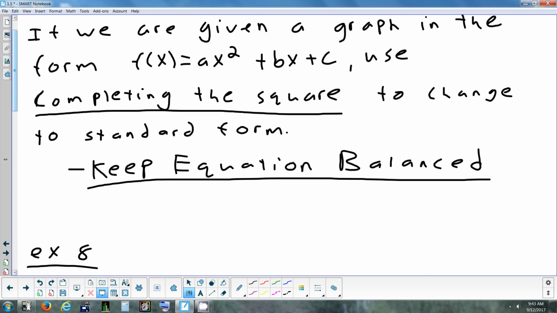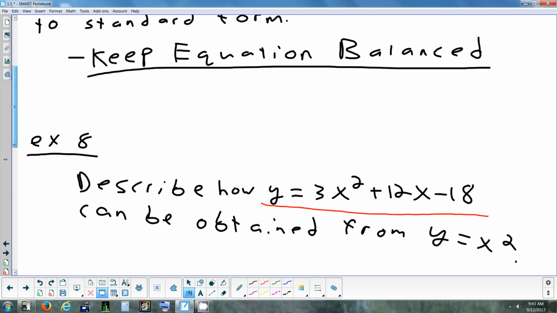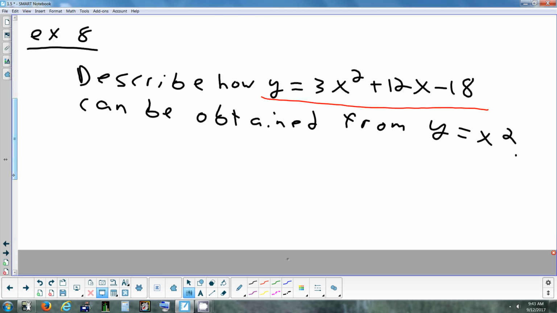All right, so let's take a look at our example, which is that. First step to completing the square is the number in front of x squared has to be a 1. Is it a 1 in this problem? No, what is it, Sam? 3. A 3. So I'm going to factor it out.